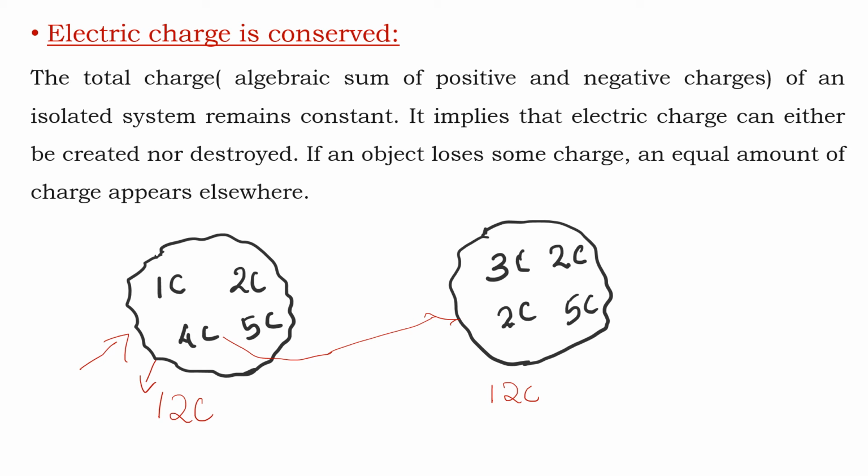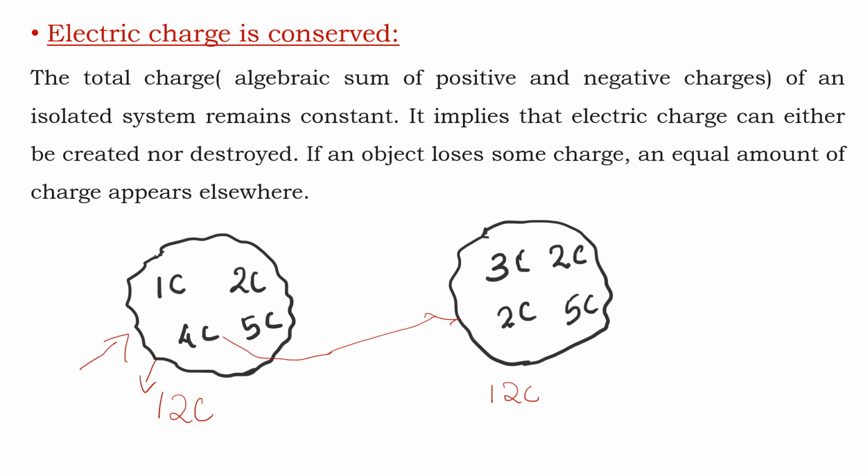Here the 2 coulomb charge will be destroyed in this region, and it will be created at this region. That is, the charge can neither be created nor destroyed. It can transfer from one region to another region. Here also the total charge will be constant, 12 coulomb, but the decrease in the 4 coulomb will be compensated at this point, 3 coulomb.